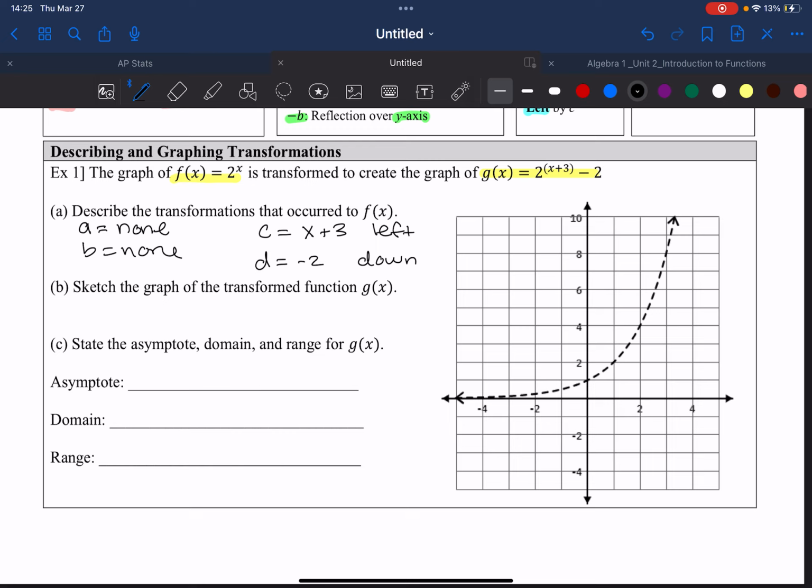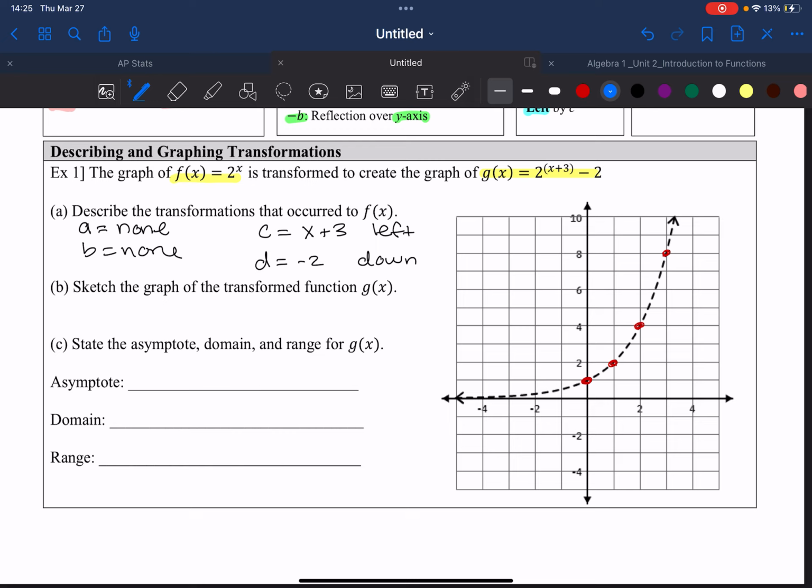Now it wants us to sketch the graph of the transformed function. So in order to do this, since we're given the parent function, we are going to look for some points on the parent function. So remember, these points are all on perfect corners. And we're going to follow the transformations for c and d to find the new points for g of x.